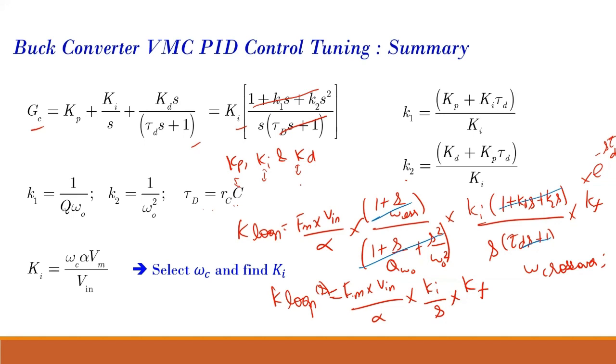There are many things which you haven't modeled or considered, and those might be making the performance poor, more oscillatory, or a bit unstable. So these are the initial set of gains, and you can play around with them to get better performance in your actual hardware.